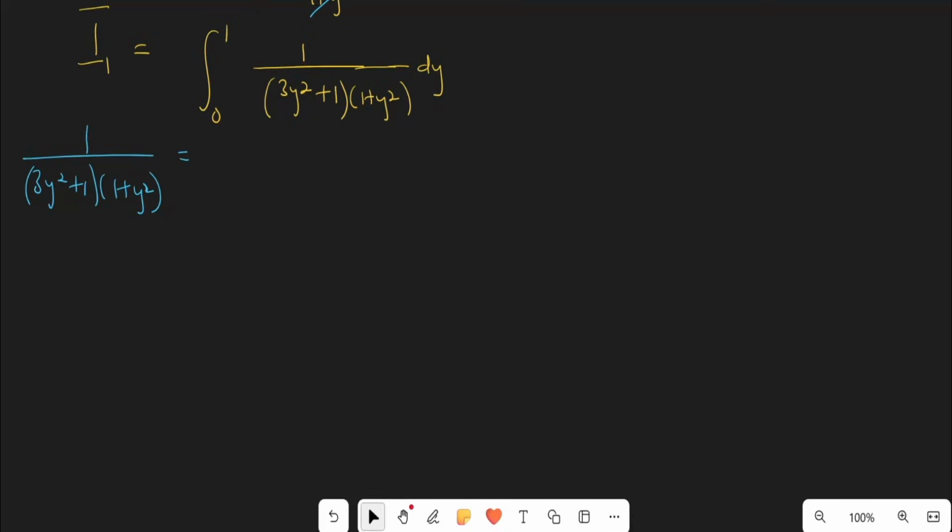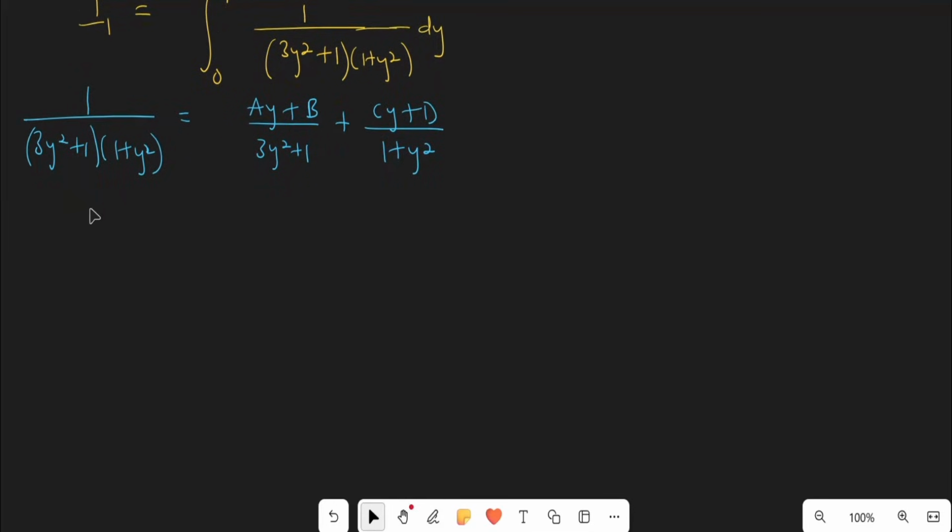So this is equal to partial fraction decomposition. This is going to be ay plus b divided by the first factor, 3y squared plus 1, plus the next one is going to be cy plus d divided by 1 plus y squared. Alright, so here 1 over 3y squared plus 1 multiplied by 1 plus y squared.